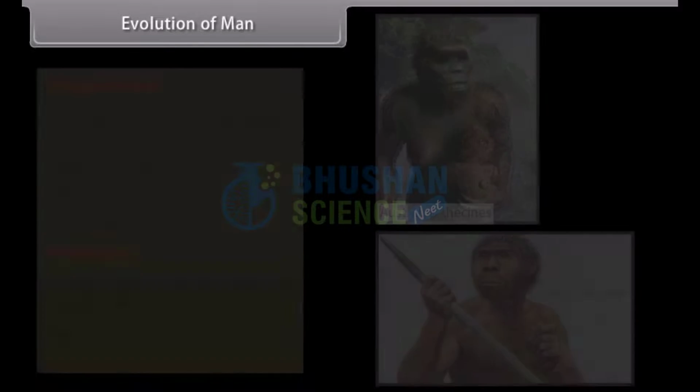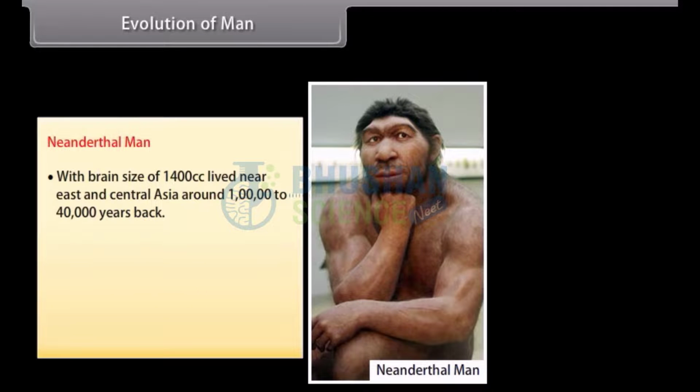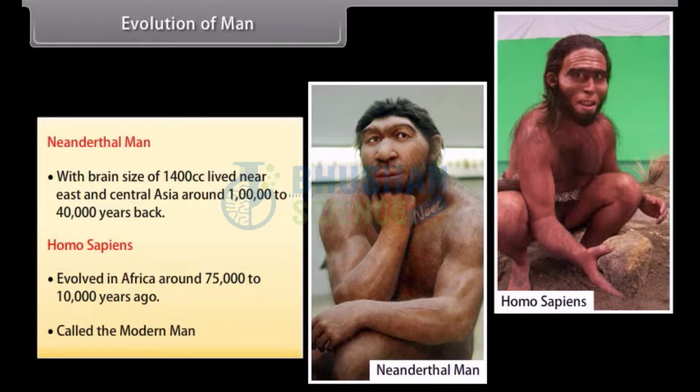Neanderthal man with a brain size of 1400 cc lived near East and Central Asia around 1 lakh to 40,000 years back. Homo sapiens evolved in Africa around 75,000 to 10,000 years ago, called the modern man.